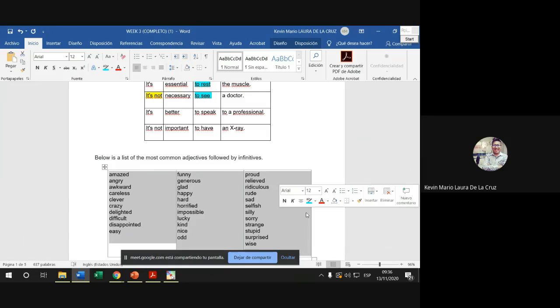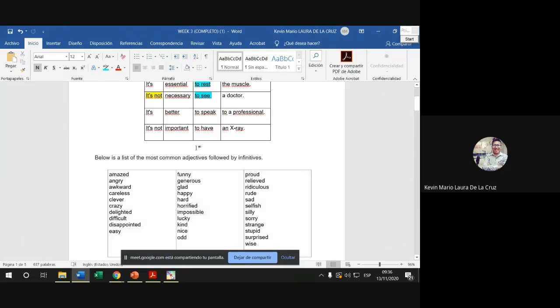Digamos, es fácil cocinar en casa. It's easy to cook at home. A ver, otra idea. Es muy difícil estudiar en casa porque hay mucha bulla.